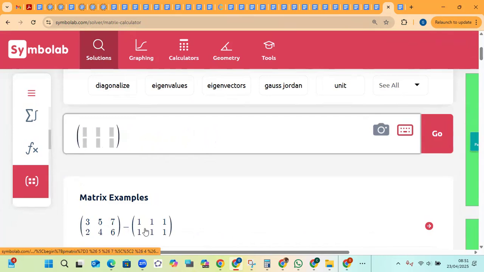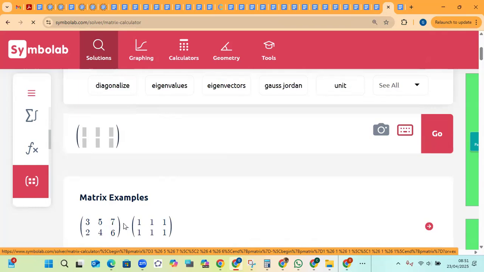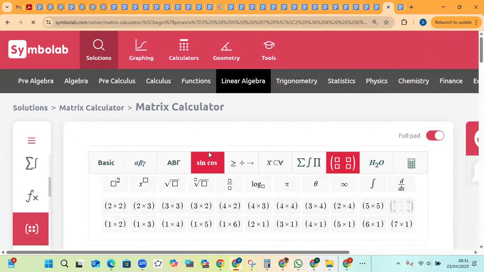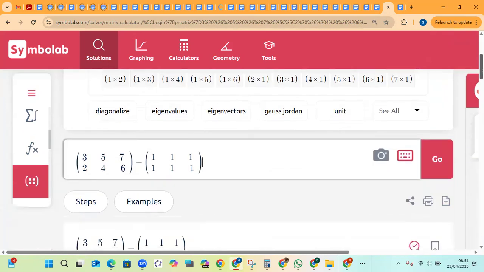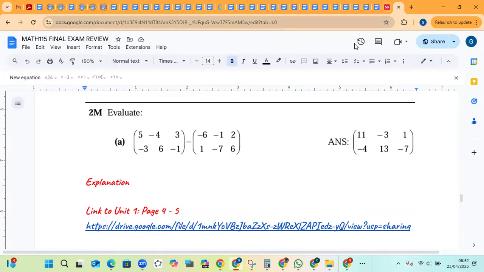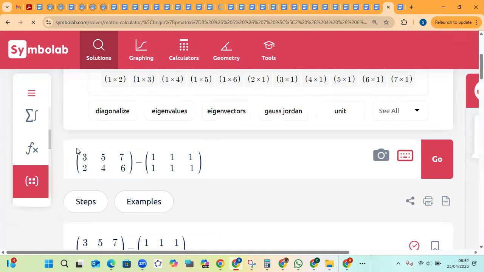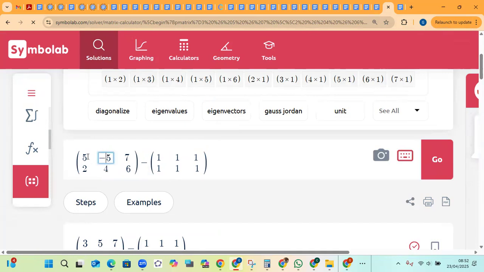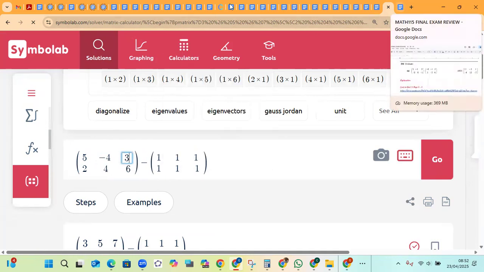Actually, here you have an example. All I need to do is just change the numbers. 2 by 3 subtract another 2 by 3. So we're looking at 5, negative 4, 3 for the first row. As I am typing, you all are pausing and writing also. Pause and write to ensure that you can do it yourselves.